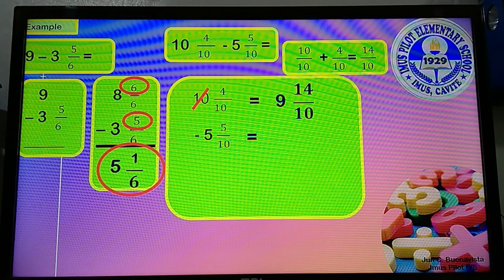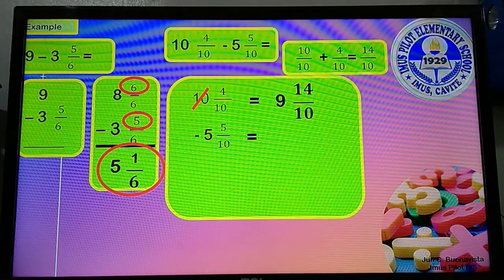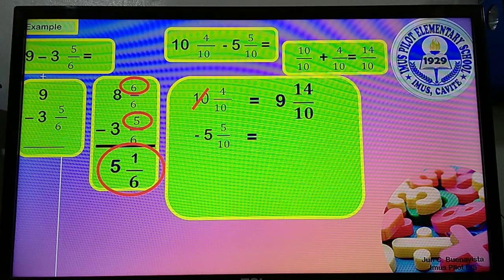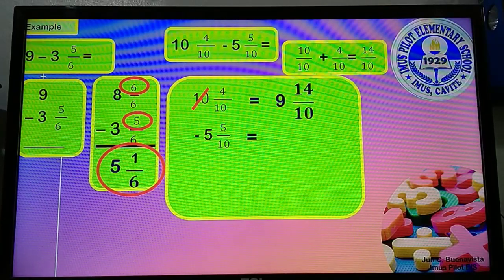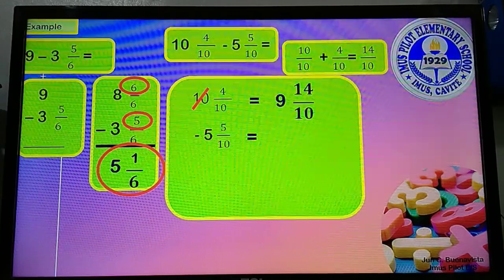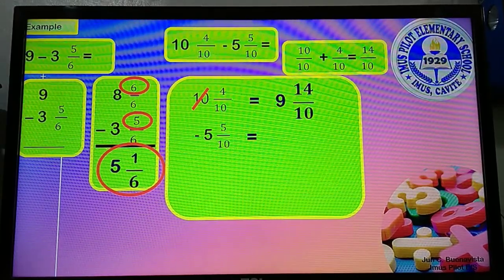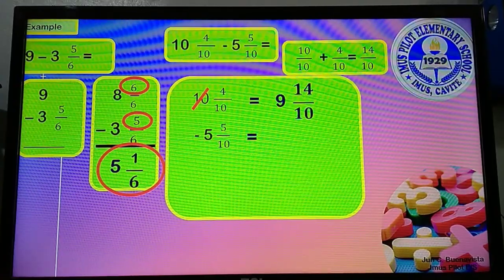Can you follow? Again. So, 4 minus 5 cannot be. So, we're going to borrow from the whole number which is 10. So, our denominator is 10. So, therefore, ang hiniram natin is 10/10 to make it 1. 10 divided by 10 is 1. Then, 10/10 plus 4/10 equals 14/10.